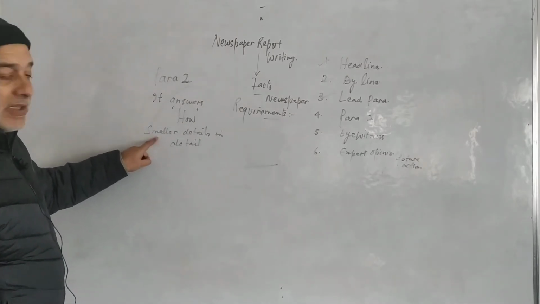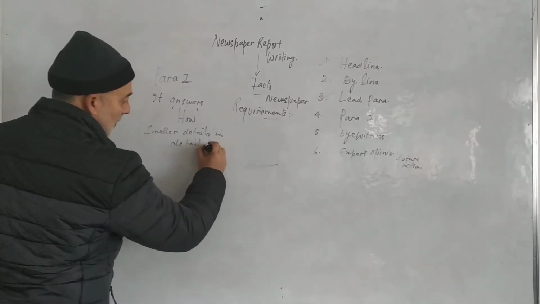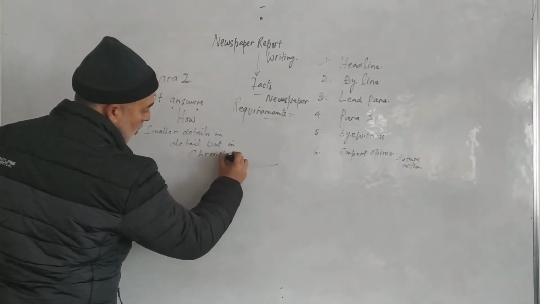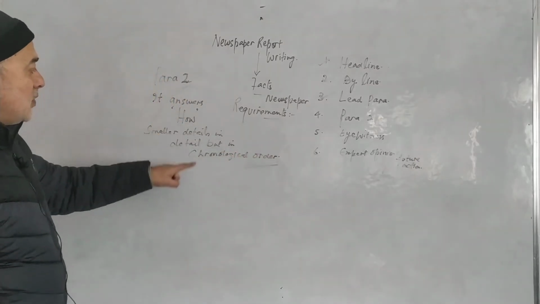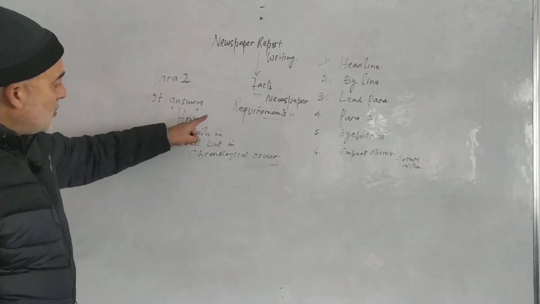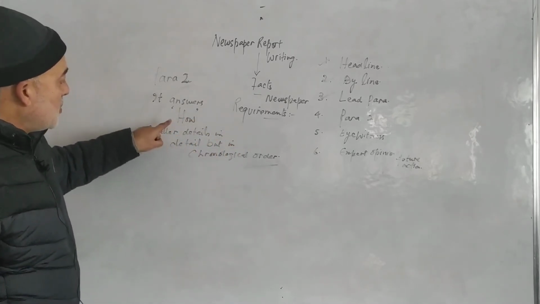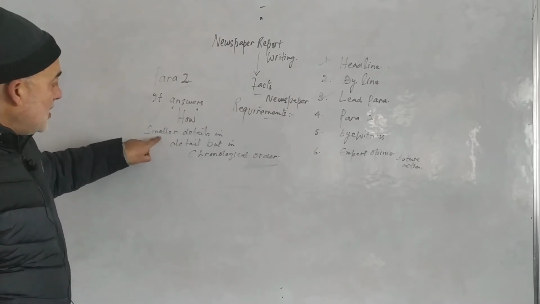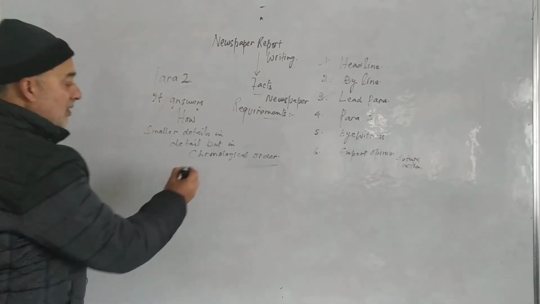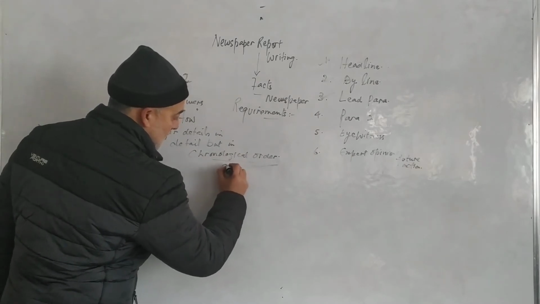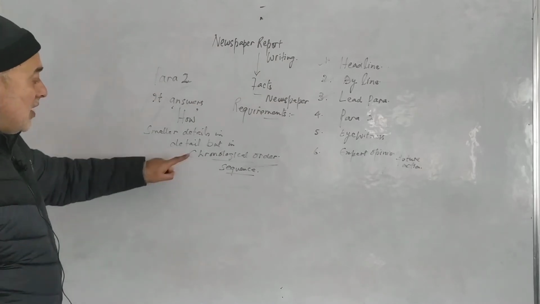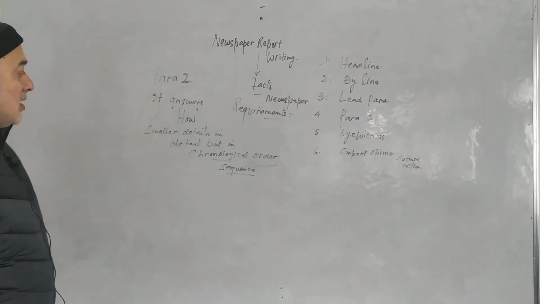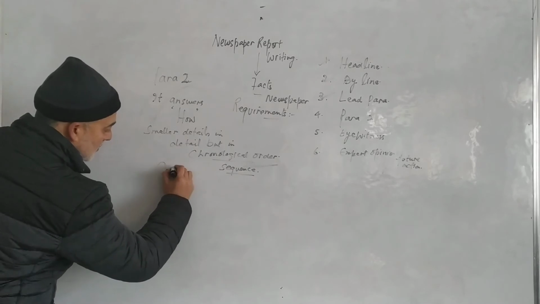You have to elaborate this paragraph, but in chronological order. So you have to maintain the sequence of the incidents or events that have happened, but you have to answer the how. In this paragraph you can give the details, but remember it should have a sequence. You have to maintain the sequence and coherence as well.